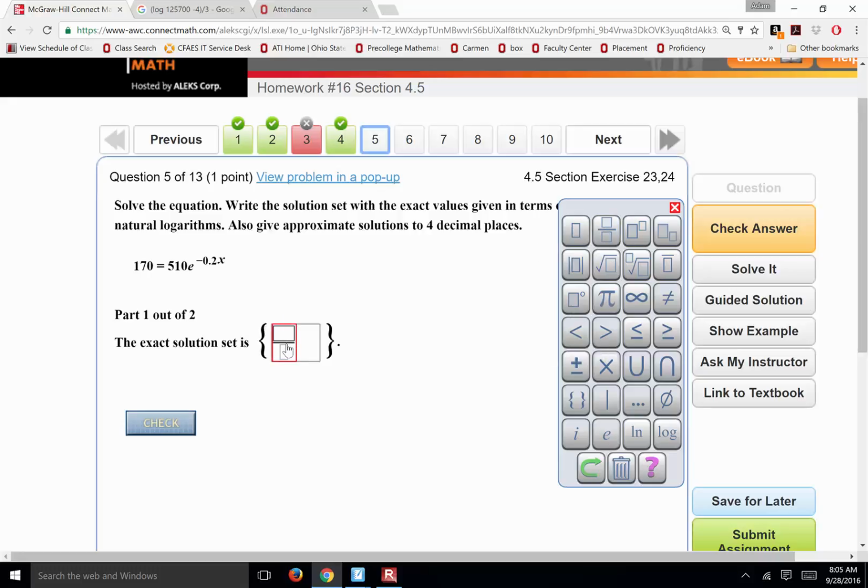I already forgot. ln what? What was it? ln 10? No, what was that? I already missed my spot. It's hard to type without a proper mouse. Oh, I'm doing the wrong question.